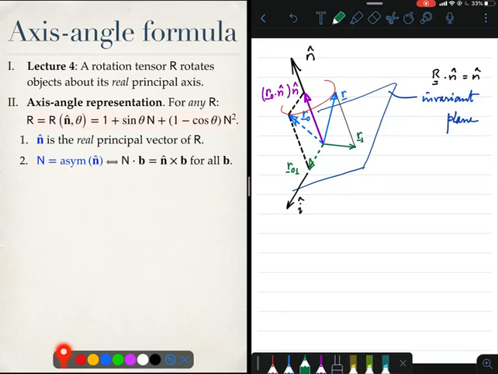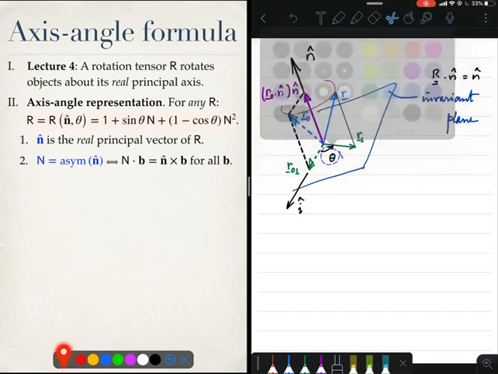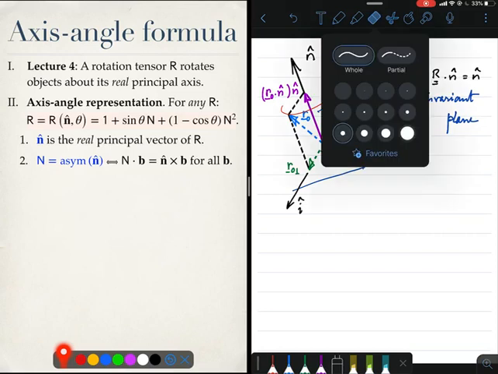What we know is that R0 perp and R perp have the same length, and the angle between them will be theta.